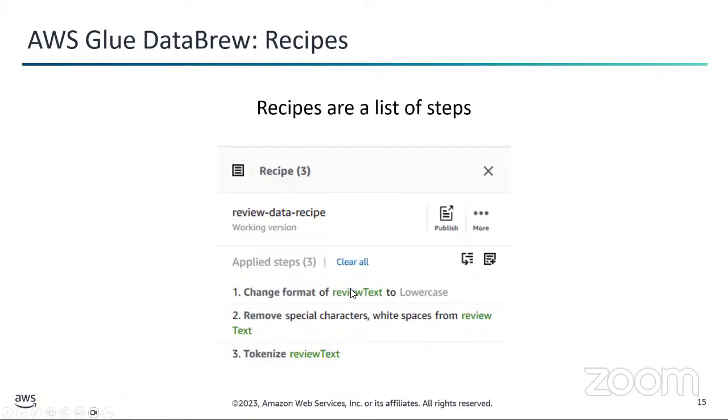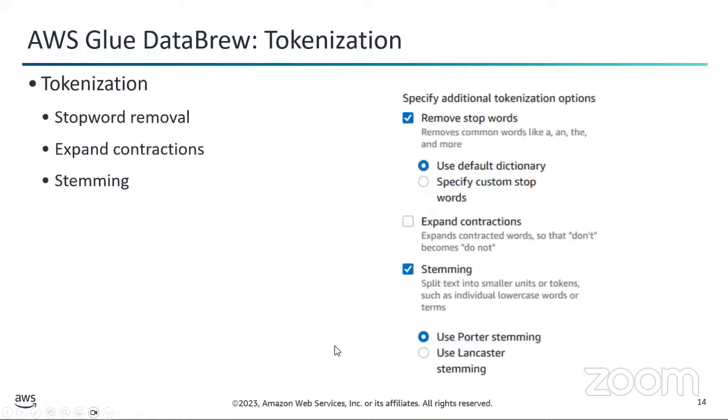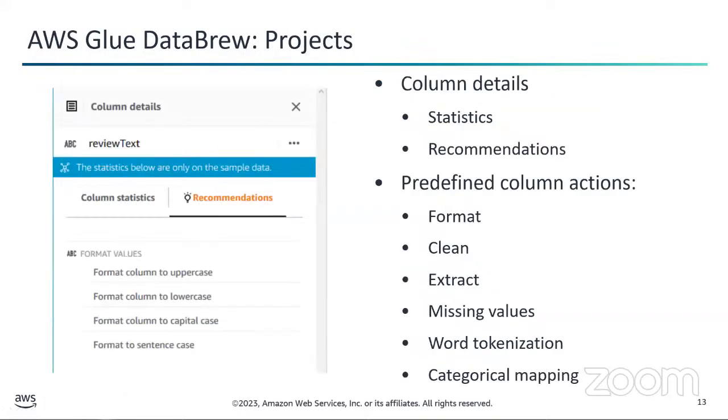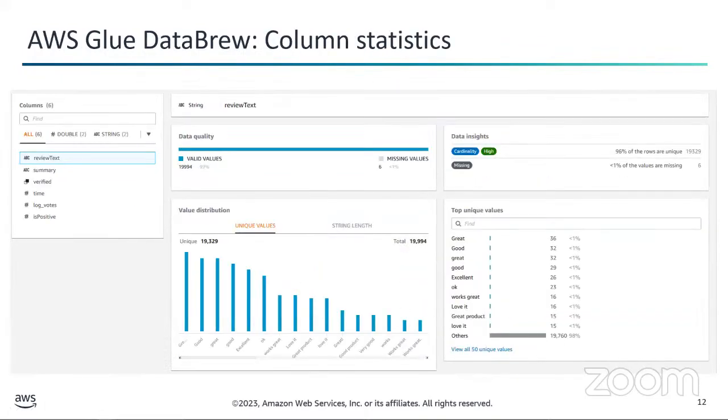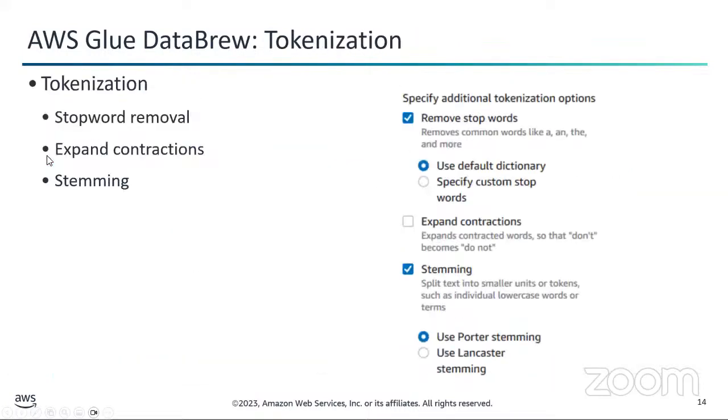Number one, change the format of review text to lowercase, which is normalization. Remove the special characters and white spaces, and then tokenize that column. Review text is the name of a column, the first column, which we also saw in the lab yesterday.